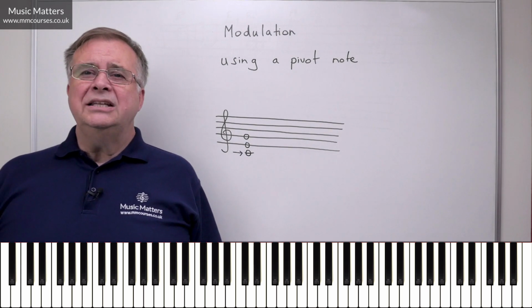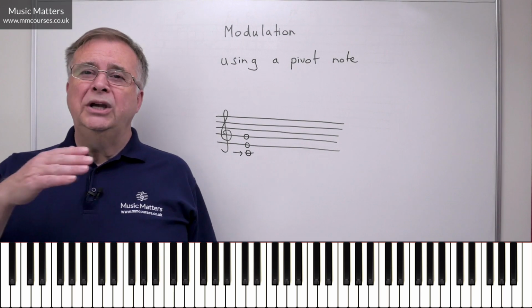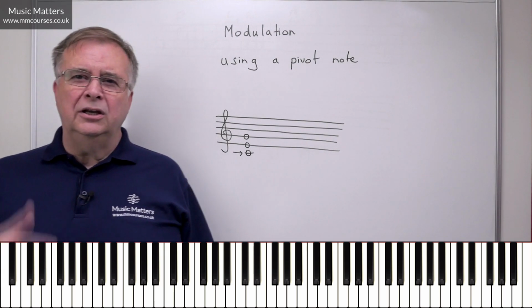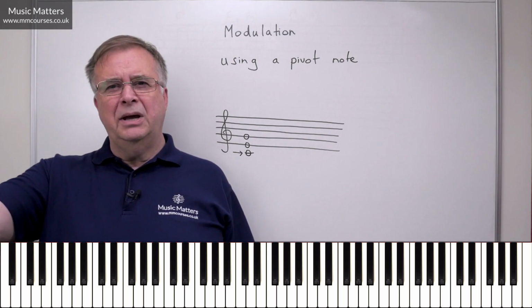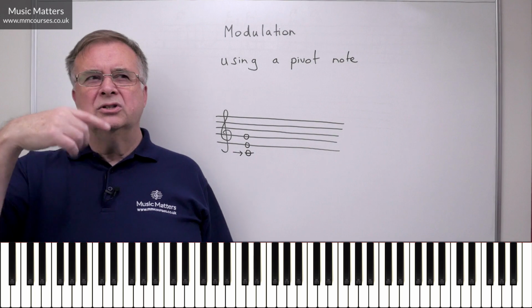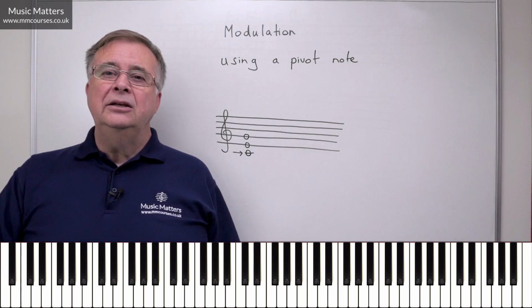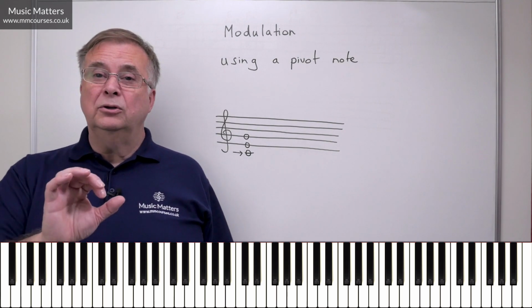So what they did was that they looked for what's called pivot chords between one key and the next key. A pivot chord means that you're in this key, say C major, you want to modulate to G major, so you think, well, which chords come in C major and in G major? And then you say, well, I'll take one of those chords, I'll use it as a pivot chord.